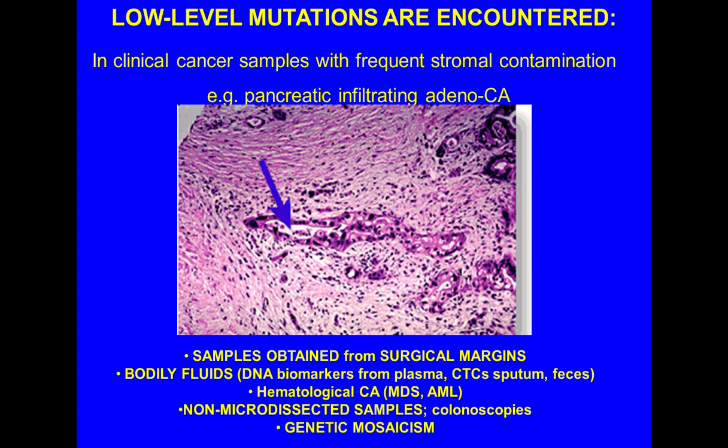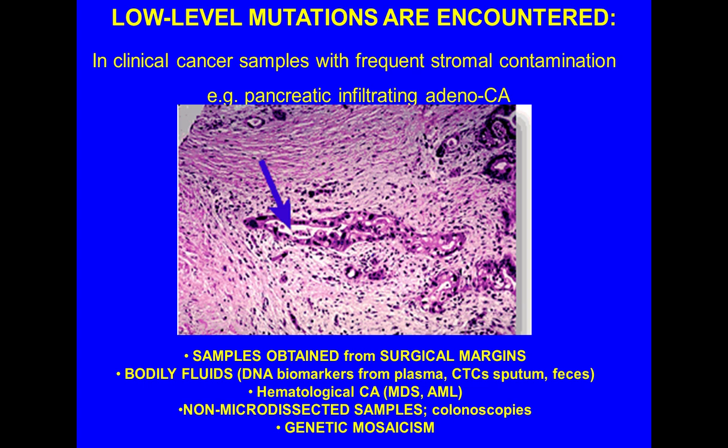In cases of infiltrating cancers like pancreatic infiltrating adenocarcinoma, in samples obtained from surgical margins, you only have traces of mutations, hopefully no mutations at all, but definitely a high majority of wild-type DNA-containing cells.